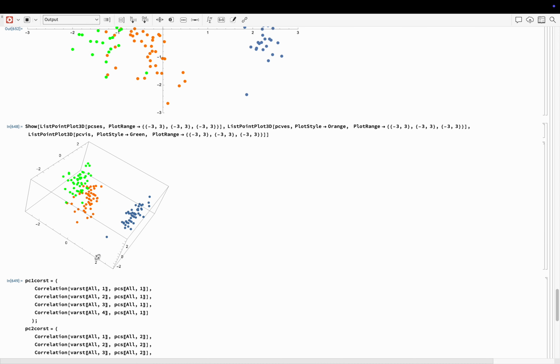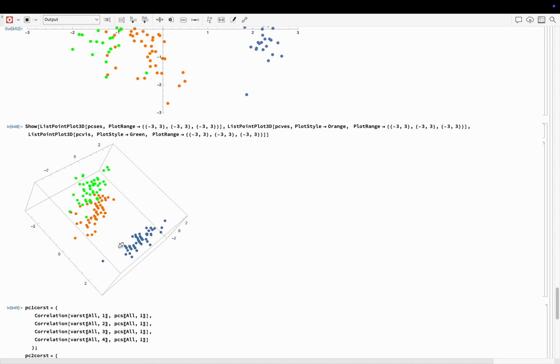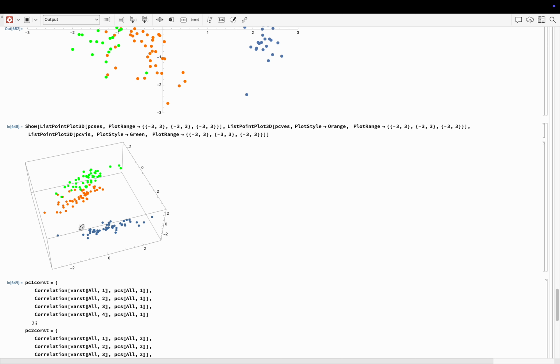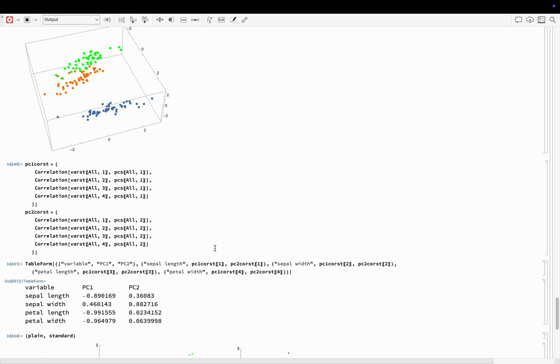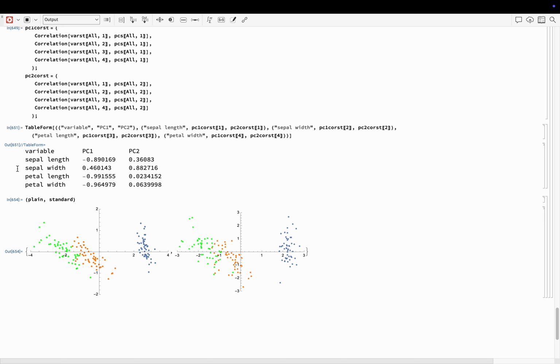And when we see the three-dimensional picture, this is more or less the same view. When we look at the correlation with the original standardized variables, here I've written sepal length, sepal width, petal length, petal width, but I have in mind standardized variables. The correlations are very similar. There are differences on the second or third place after the decimal point, so nothing much happens here.